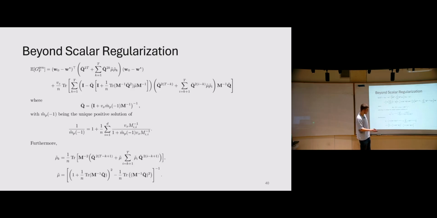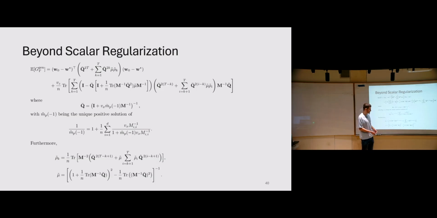Why is it impossible? Because MP tilde Q bar depends on MP tilde, and MP tilde solves a polynomial of degree above 5, which is probably impossible to solve in the general case. We don't have an explicit formula for MP tilde of -1, or actually MP tilde of z for any z in the general case. If you assume a finite number of eigenvalues, like 2 or 3, then you could solve it.